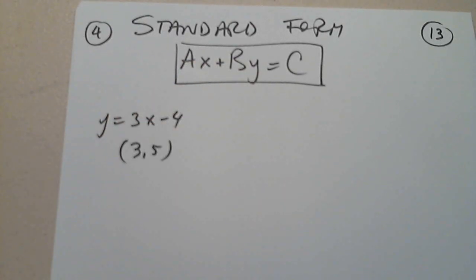What will you do to check whether this point lies on the graph of the equation, or if it verifies the equation? How would you check? Does anyone remember what we did? Verify.